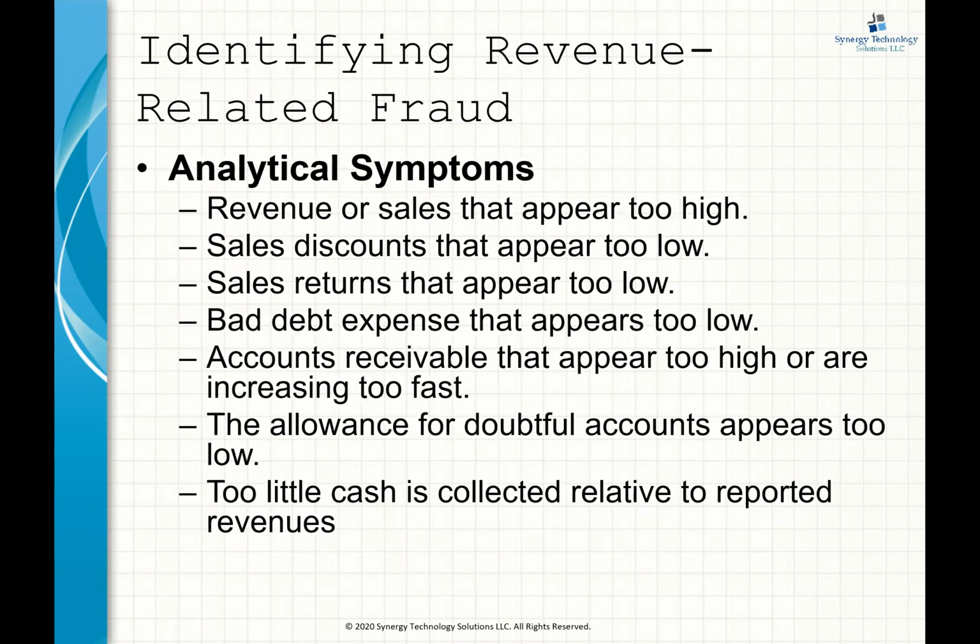Bad debt expense appears too low. Accounts receivable appears too high or is increasing too fast. Allowance for doubtful accounts appears too low. Too little cash is collected related to reported revenue. Remember that revenue is going up and your cash collection is going down.